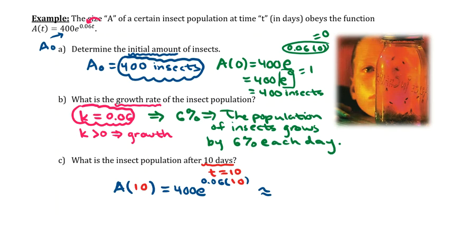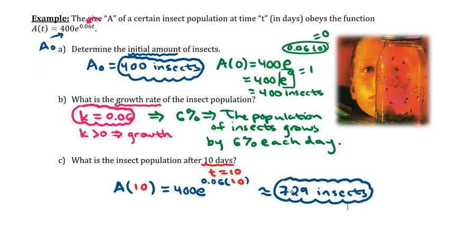If you punch that in your graphing calculator, rounding to the nearest insect, we should have about 729 insects. So that would be the population after 10 days have gone by.